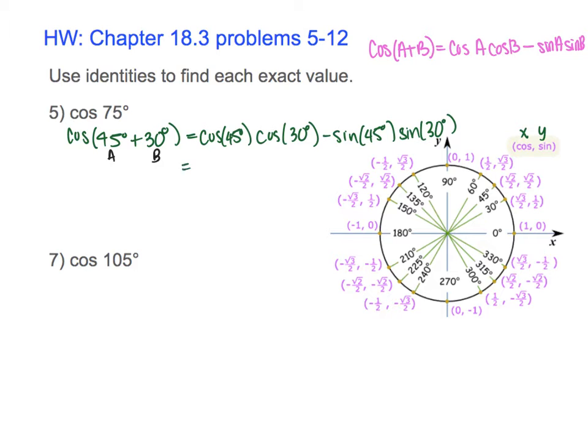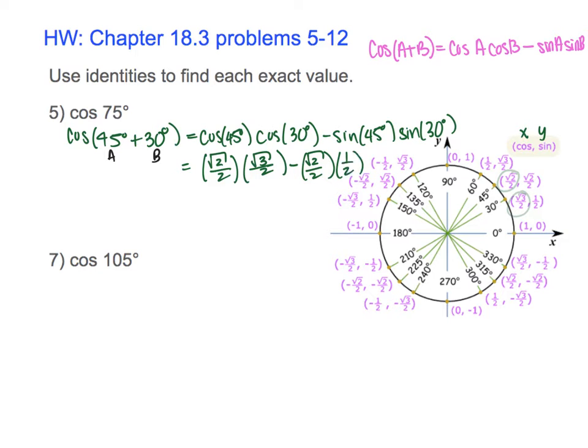If I work this out, cosine of 45 degrees is right here, about the square root of 2 over 2. And then cosine of 30 degrees is right here as the square root of 3 over 2. Then minus sine of 45, which is the square root of 2 over 2 on the unit circle, because sine here is y. And then sine of 30 is 1/2.